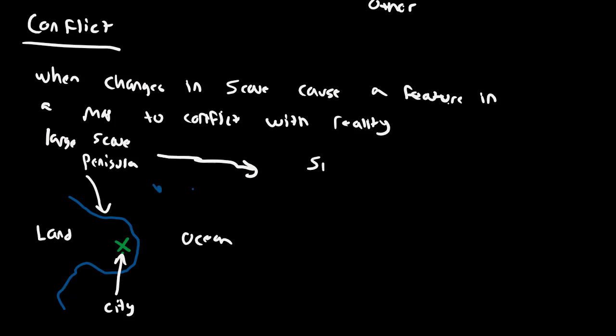When we convert that to small scale, so we zoom out, and we generalize the shoreline, which we'll talk about how to do. So this is now a generalized shoreline.